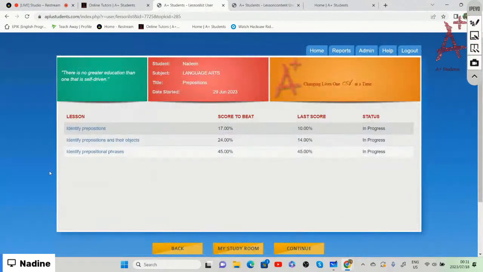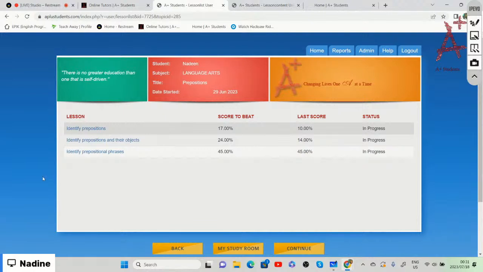All right, so far we have identified prepositions as well as their objects, right? And we said that the object is the noun or pronoun that comes after the preposition, and we call that the object of the preposition. And our preposition connects the object to the rest of the sentence.